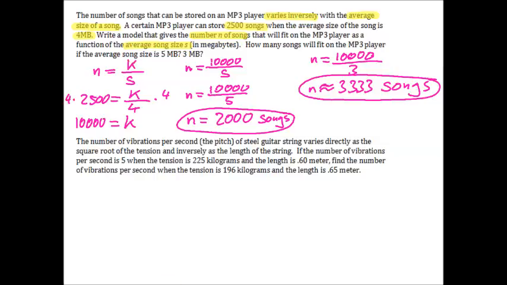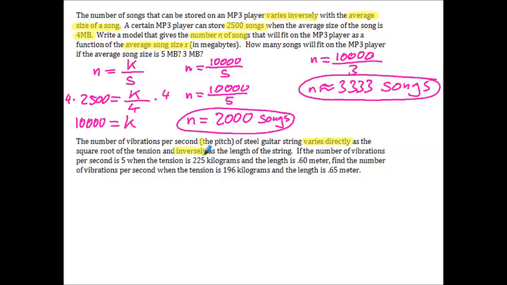The number of vibrations per second, the pitch of steel guitar strings, varies directly as the square root of the tension and inversely as the length of the string.